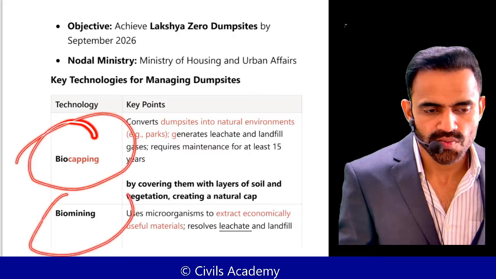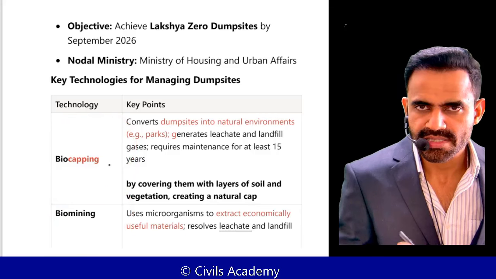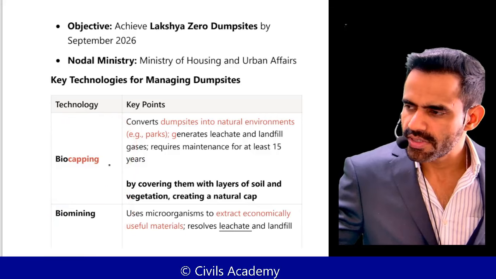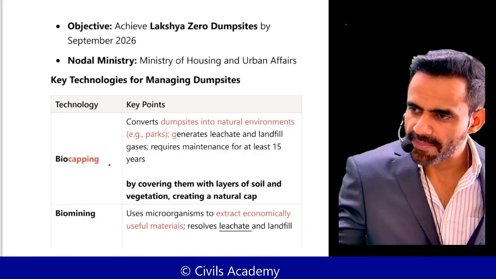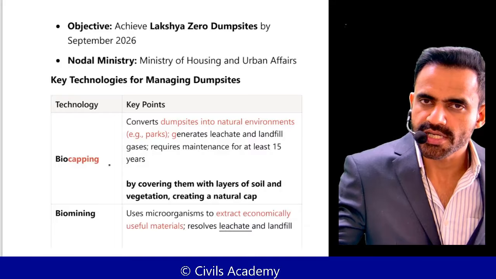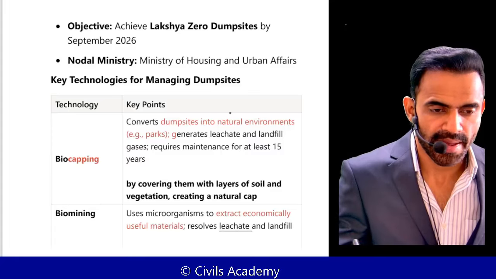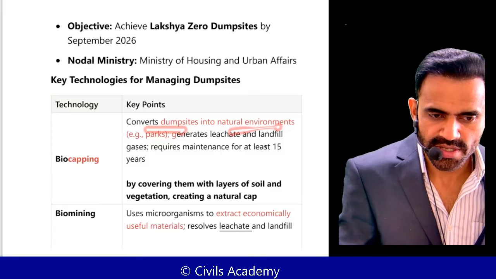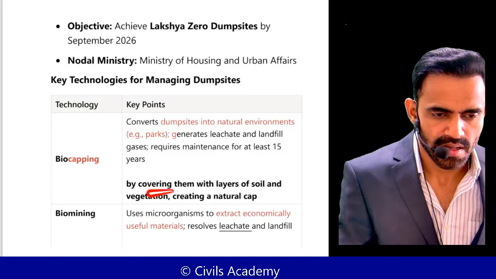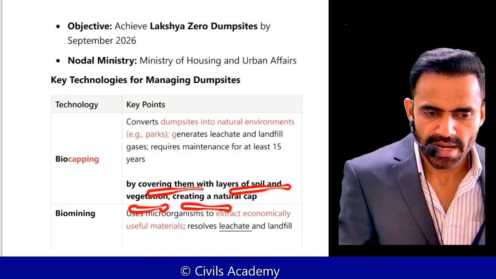Two terms are there. One is bio-capping. See, cap basically means layer. There's a garbage site. We are trying to cap it with natural trees and vegetation. That is bio-capping: converting a dump site into a natural environment. By covering them with a layer of soil and vegetation, we create a natural cap.